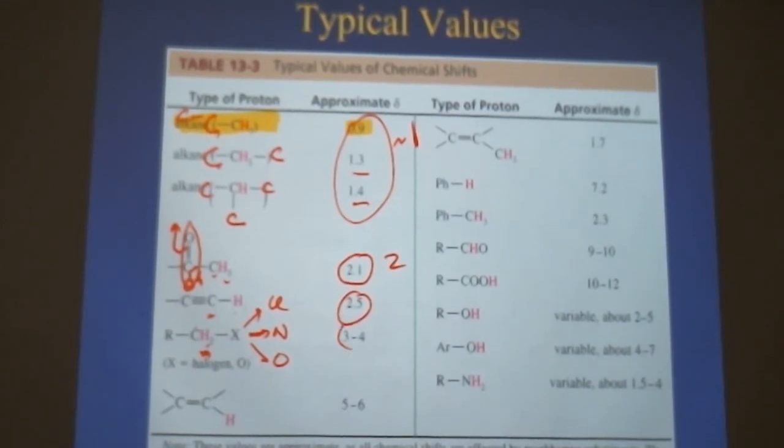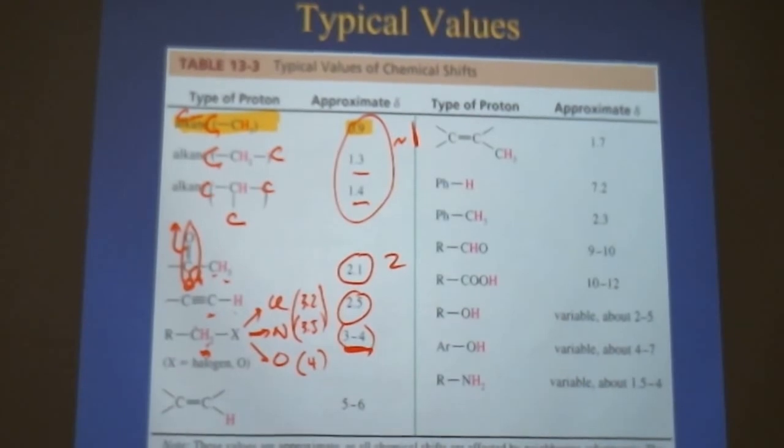In this window, 3 to 4, the 4 would more likely be the CH2 attached to oxygen, with this maybe a 3.5 or 3.2, or maybe a 3, somewhere in there. This would be lower, this would be higher. But it depends on what else is there. But that's that window between 3 and 4, which can extend a little bit, maybe 4.2, somewhere in there.